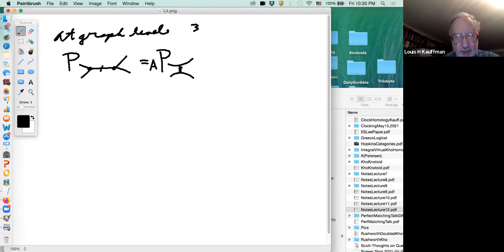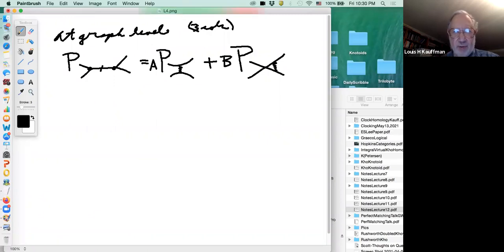We're using three colors. Plus B times the polynomial where you cross-connect it and color it differently like that. And you can think of that as a virtual crossing. I think I prefer to think of that cross connection, put this symbol over there on the other side just for my own purposes.